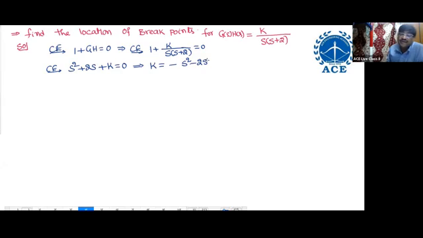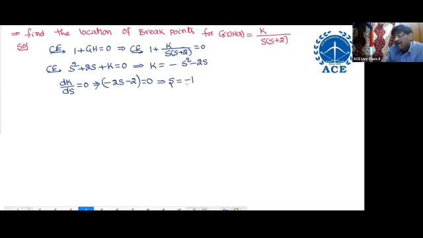Next, differentiate k with respect to s and make it equal to 0. We get minus 2s minus 2 equal to 0. Now find the roots for this. What is s? Minus 1.